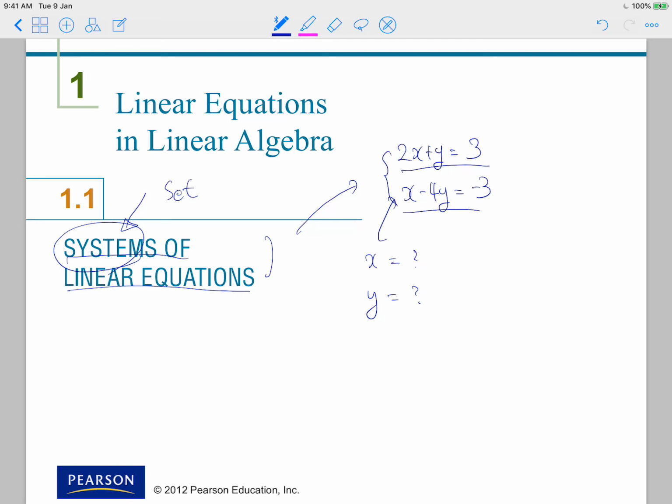This is the main task that we want to perform in this big chapter of linear equations and linear systems. This is also called systems of linear equations or linear systems.